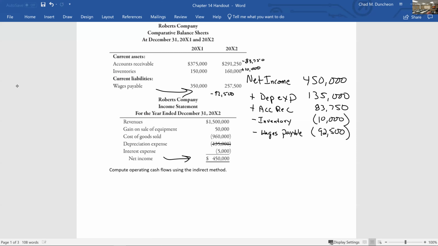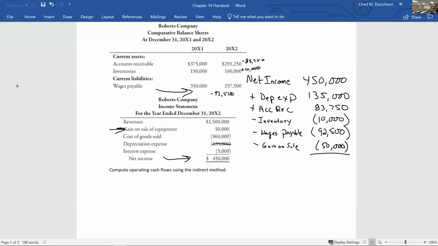And finally, my last step is look at anything that should be in the operating section. So I need to look at gains or losses from sale of equipment or investments. So I have a gain right here. We do the opposite. Remember, we subtract gains, add back losses. So minus gain on sale, $50,000.